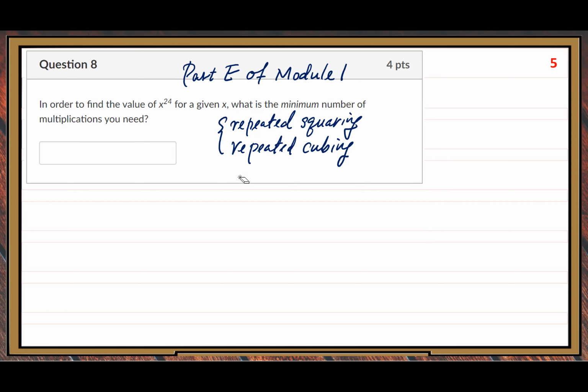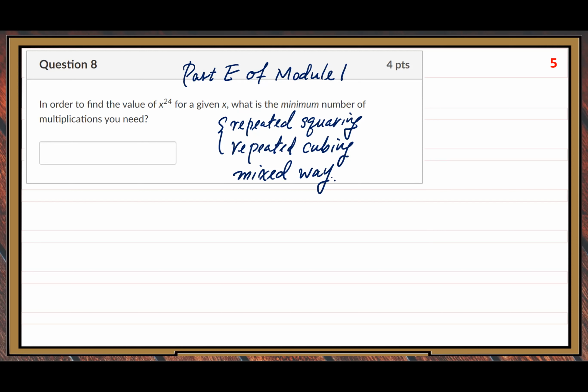You can mix the above two techniques, to get the best answer you can, to get the smallest number of multiplications you can.